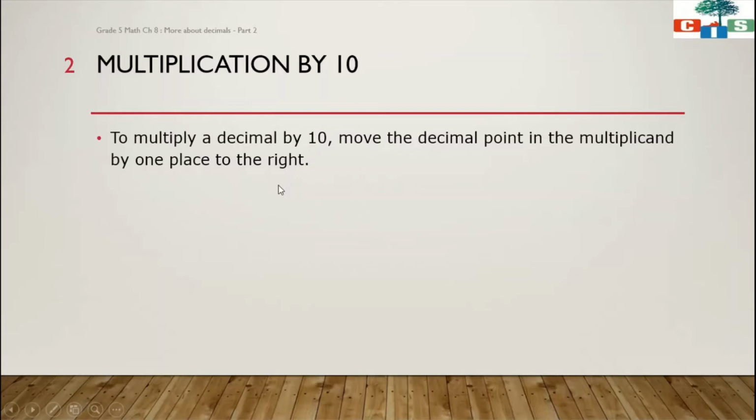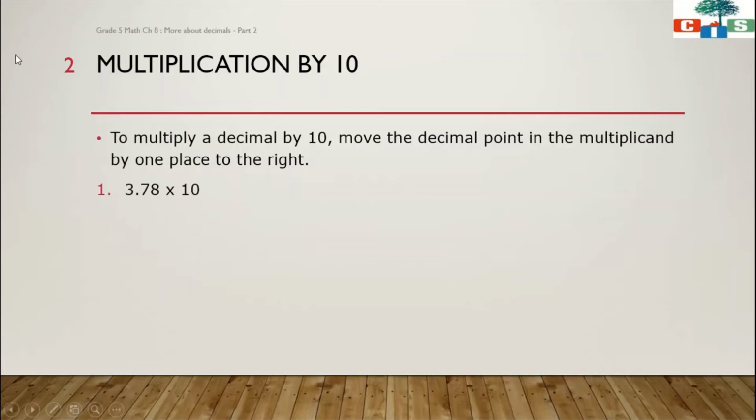Why only one place? Because here we have multiplier as 10, and it has only one zero. That's why we have to move only one place to the right. We'll see a few examples related to it.